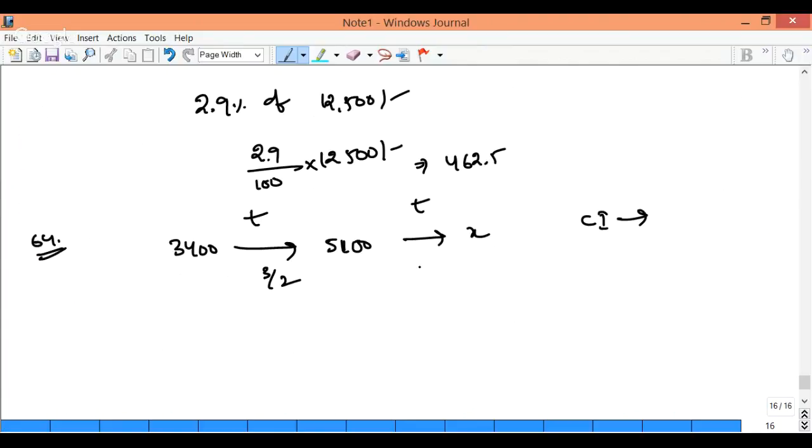And again, 5100 will increase by 3 by 2 proportion. 5100 into 3 by 2 will become 7650. So in the fifth year it will be 7650 rupees.